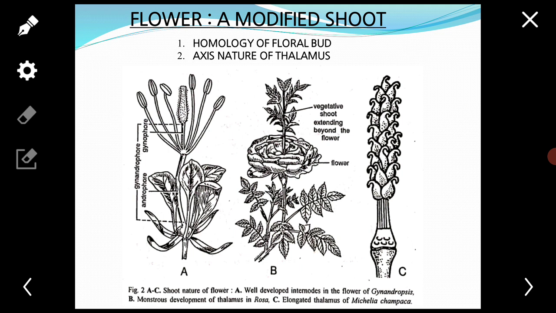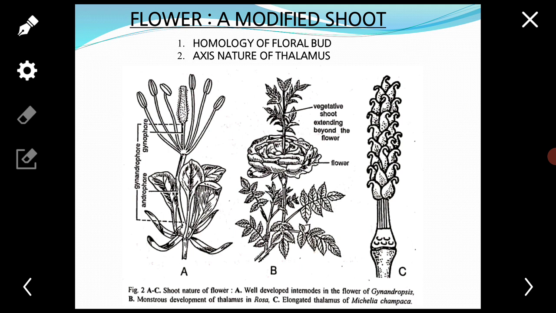The most widely accepted view regarding the morphological nature of the flower is the classical concept, which stemmed from Goethe's 1790 theory of metamorphosis.